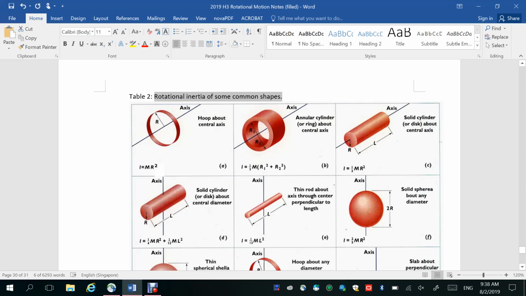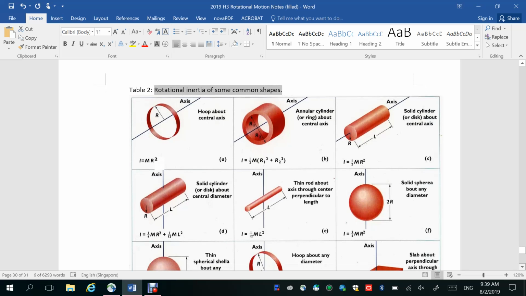Then this one is what we had done before. This is the thin rod about the axis through the center perpendicular to the length. Because the rod is thin, you can assume that the thickness is negligible, so we do it in one dimension. Then we have F, which is for a sphere. This is also difficult to derive, so not expected.